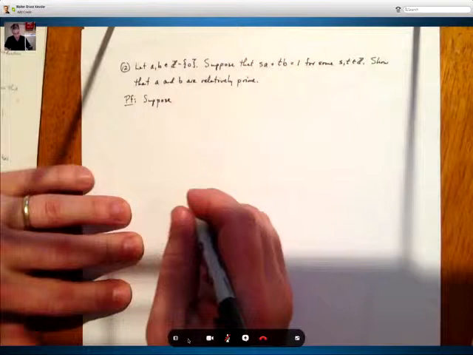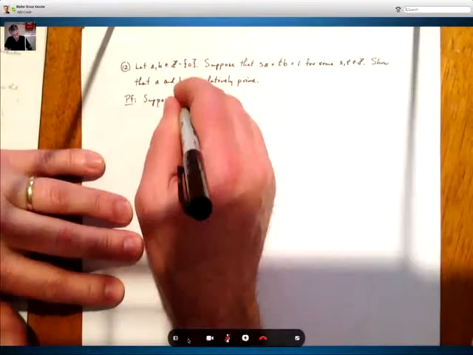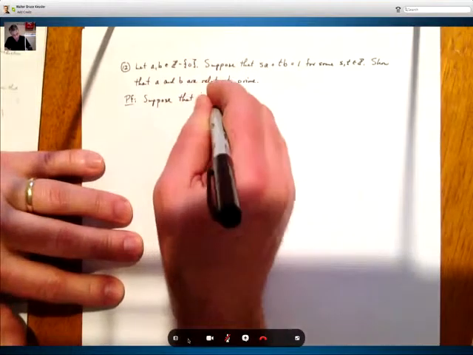Suppose, and I'm using suppose here because I'm doing a contradiction proof. That's kind of my code word for contradiction proof.